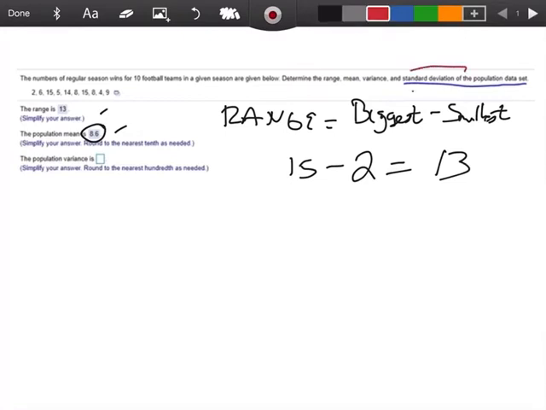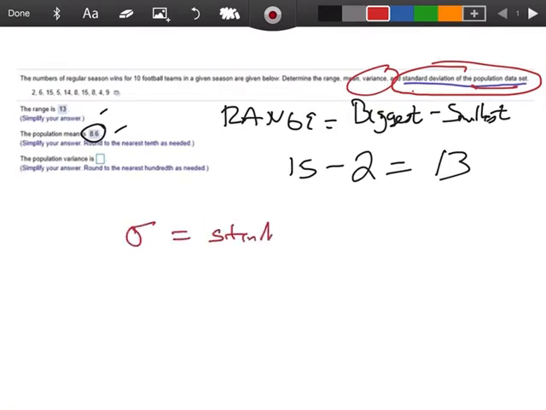Then I want you to notice it's asking us to find the variance and standard deviation of the population data set. Since this is a population data set, remember, the sigma is going to be my standard deviation.